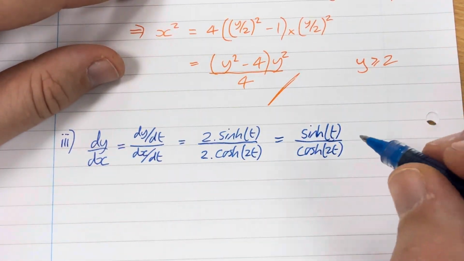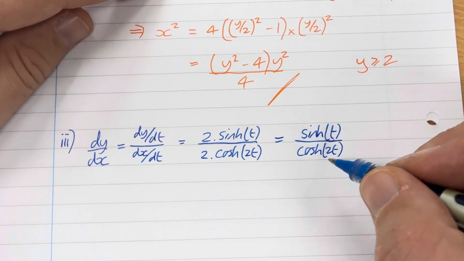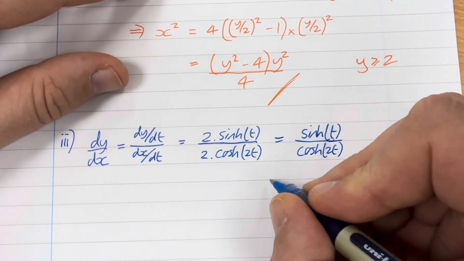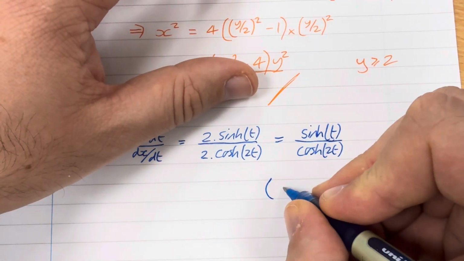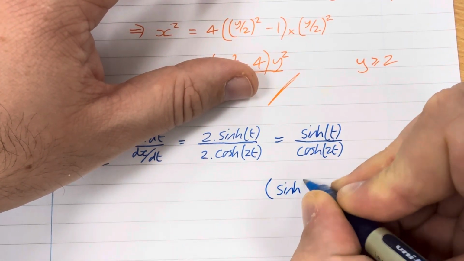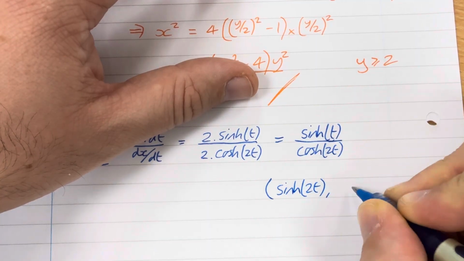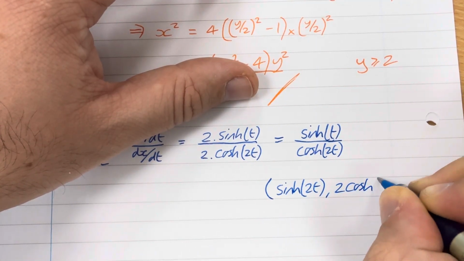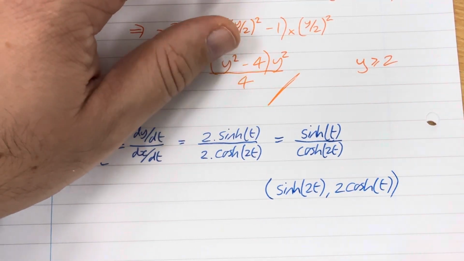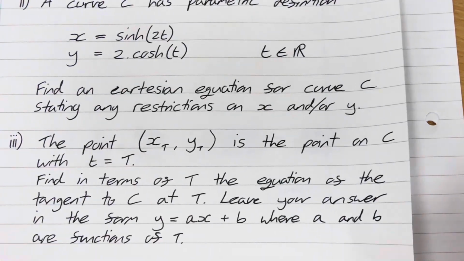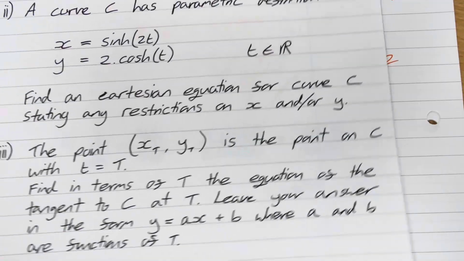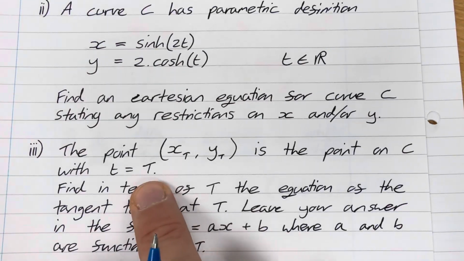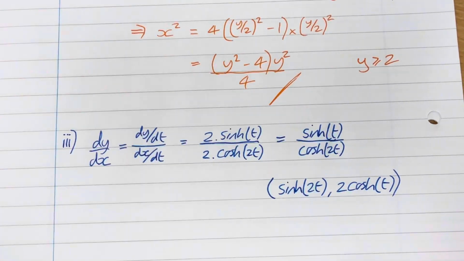So I've got the gradient. It's a tangent, so that is the gradient. I'm looking at the coordinate x(t), y(t), so that's going to be sinh 2t and then 2 cosh t. And in the question, they've replaced this lowercase t, the parameter, with a capital T for the parameter value at a general point.